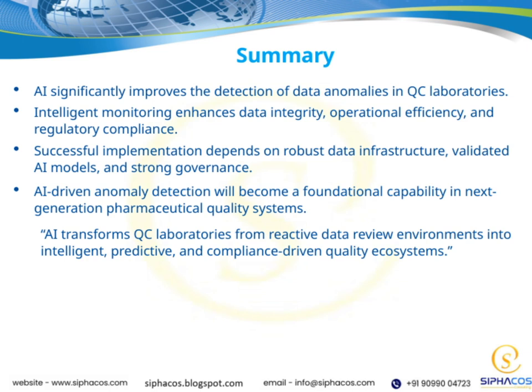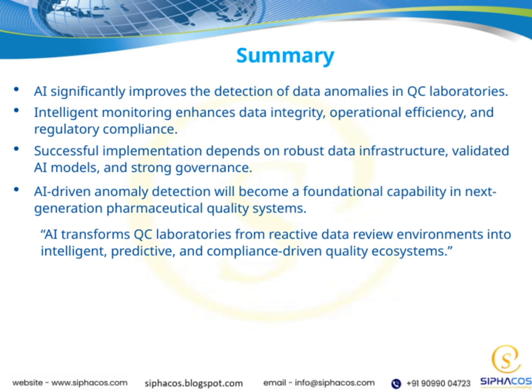However, successful implementation relies on a solid foundation: robust data infrastructure, validated AI models, and strong governance practices. Without these, the full potential can't be realized. Looking ahead, AI-driven anomaly detection will become a core capability in next-generation pharmaceutical quality systems.